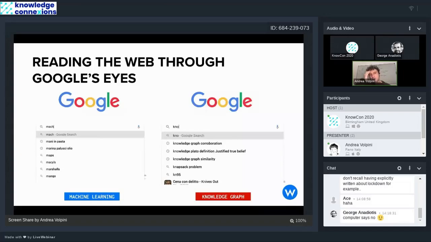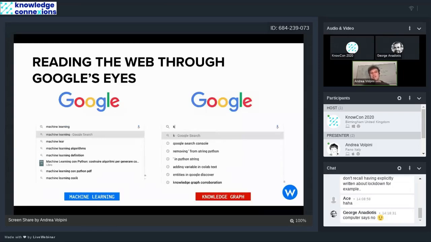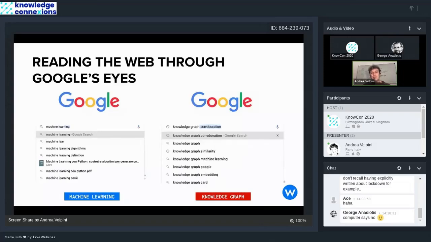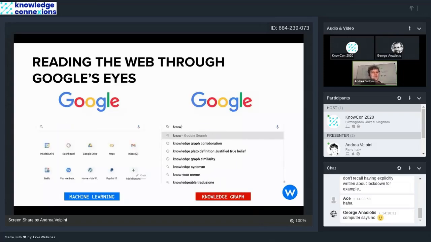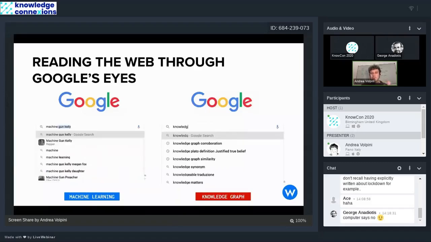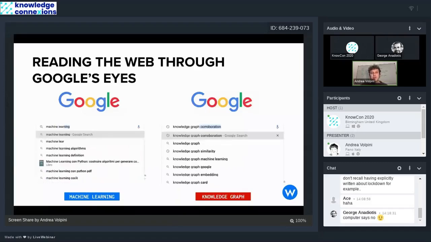So here I have two examples of how we can read the web through Google's eyes: machine learning on the left, and knowledge graph on the right. These are two potential intents that we could rank for, considering the type of content that we have on our test site.